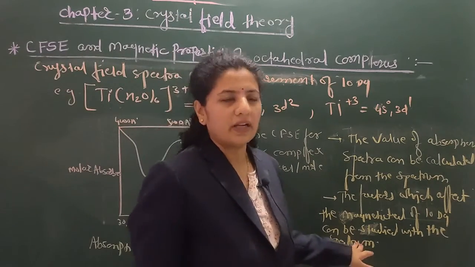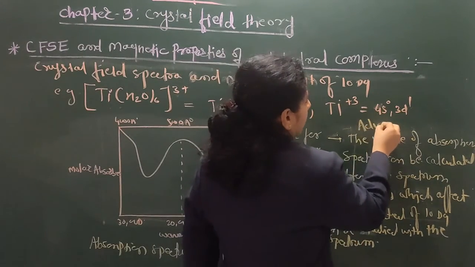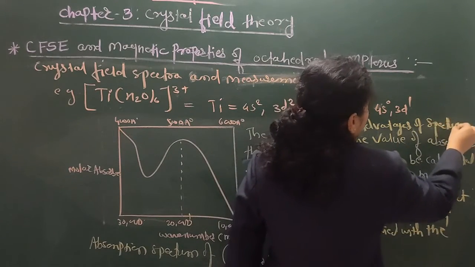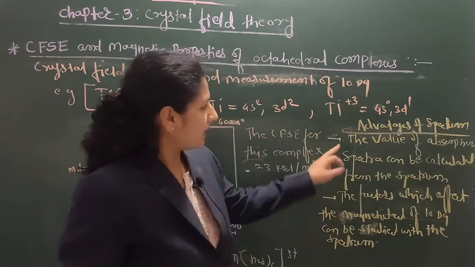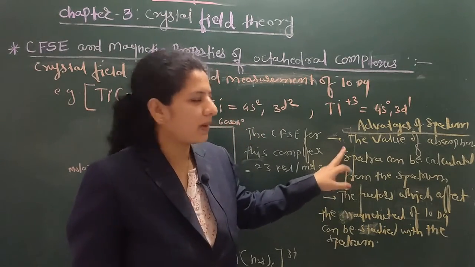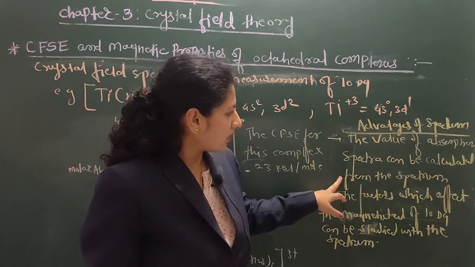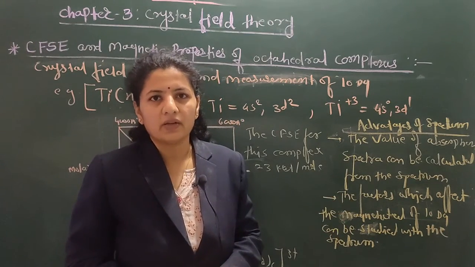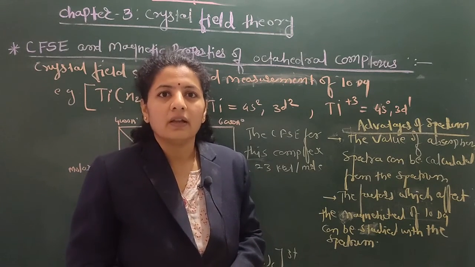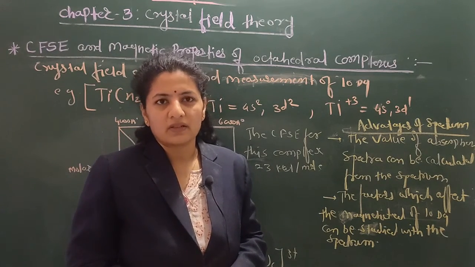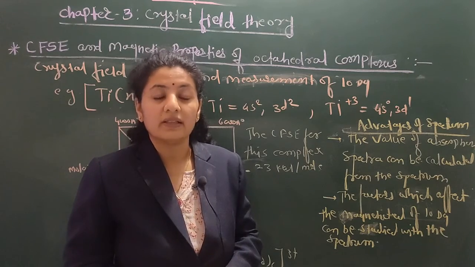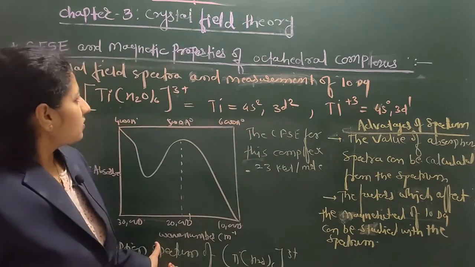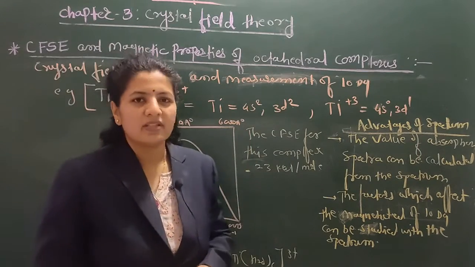So these are the advantages of this spectrum. The factors which affect 10 Dq are the charge of the ion, nature of the ligand, and size of the orbital. Various factors affect the magnitude of 10 Dq, and these can be easily studied by this spectrum. So this is all about the crystal field spectra and measurement of 10 Dq.